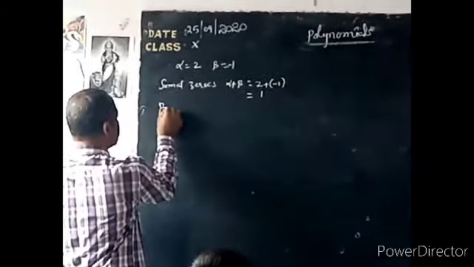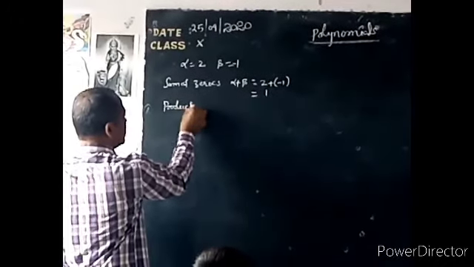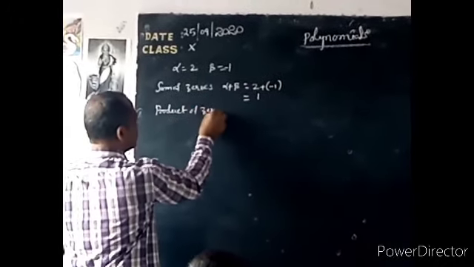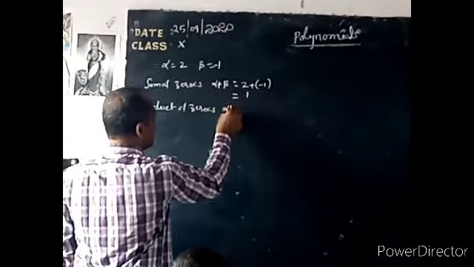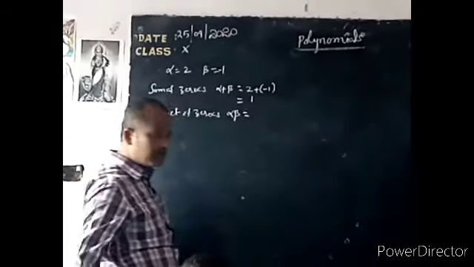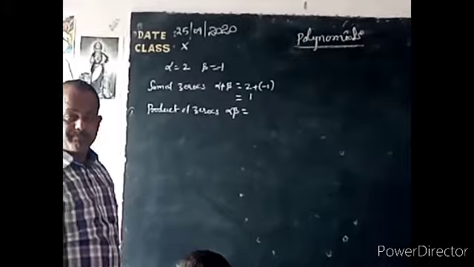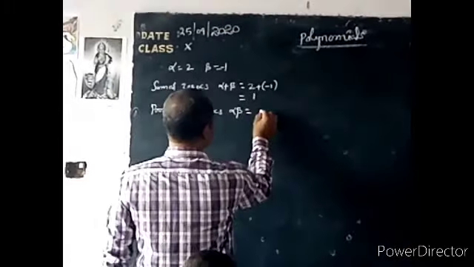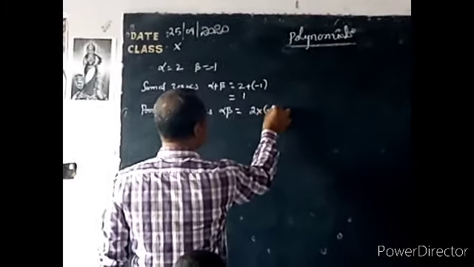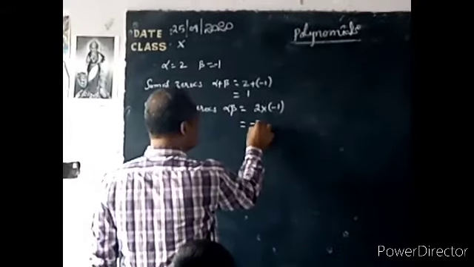Next, product of zeros: alpha beta, that is 2 into minus 1, that is minus 2.